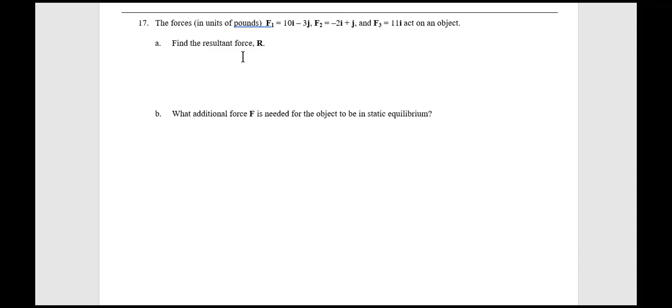And I mentioned this briefly in one of the previous videos that when we talk about vectors representing forces, we say the resultant is the sum of those, just overall what those forces come out to if we put them all together. So this is just asking us to add all these vectors that were given to us.